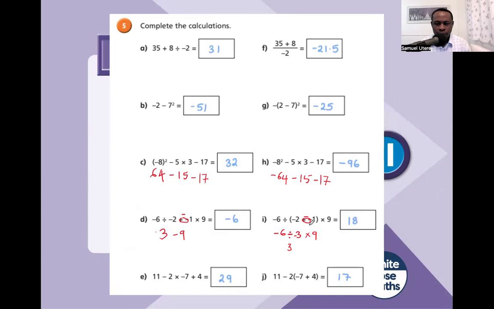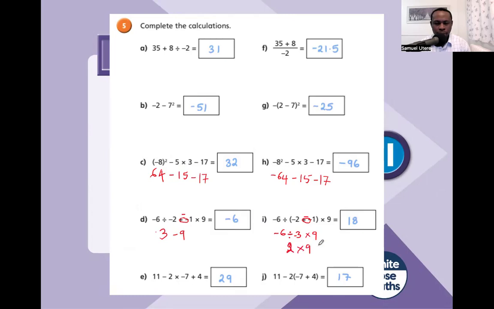So we'll do the bracket first. So that should be negative 3. Oh, sorry. Negative 6 divided by negative 3 will be 2. So I made a mistake on that one. So that will be 2. And then 2 times 9, that will be 18.